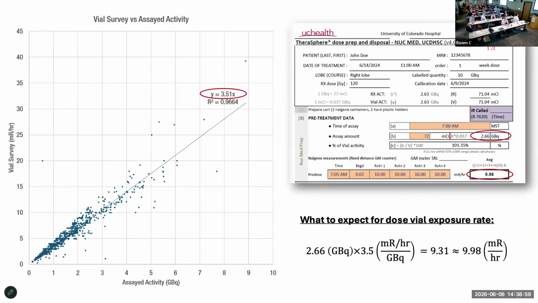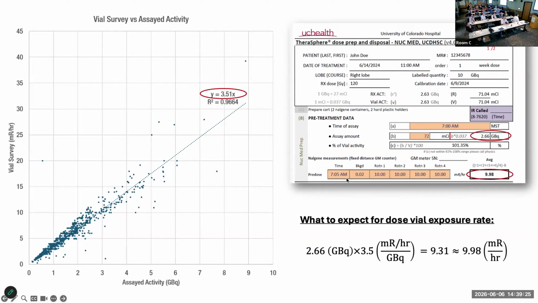And lastly, just my final example is whenever nuclear medicine is doing their exposure rate measurements, knowing what to expect from those to ensure that our calculations after the fact are accurate. I found that from GBq to mR per hour, if you have 1 GBq that they're assaying in the dose calibrator, it's like 3 to 4 times that for your mR per hour exposure rate measurements.